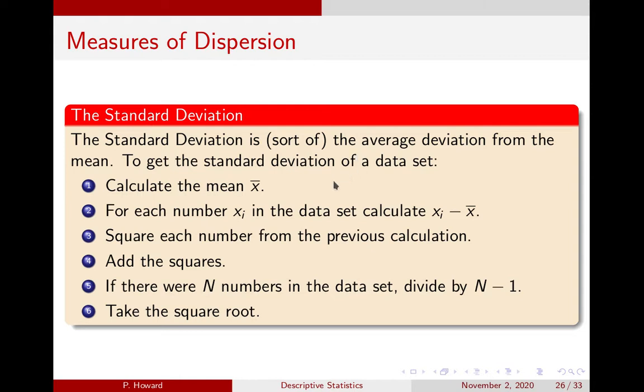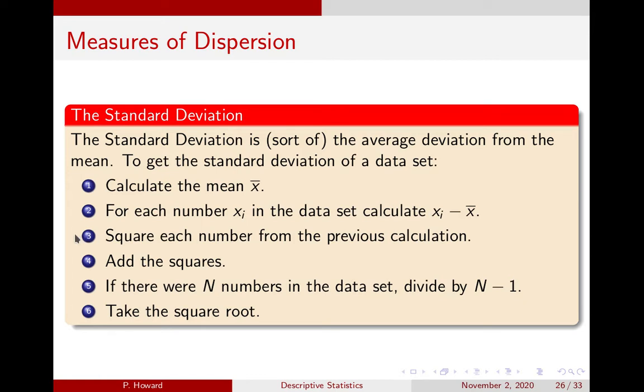Okay, in detail, you first calculate the mean of the numbers in the data set. And then number 2, for each number in the data set, you subtract the mean from that number. This gives you, roughly speaking, the distance from the mean to the number.